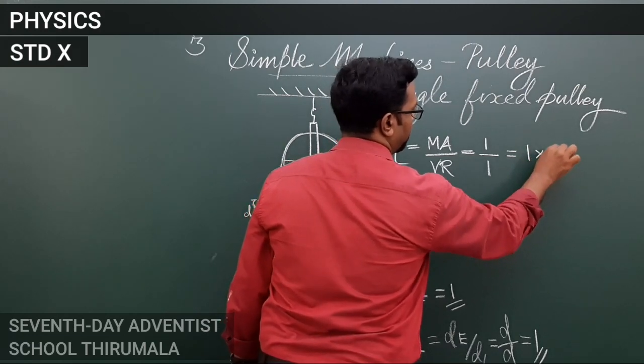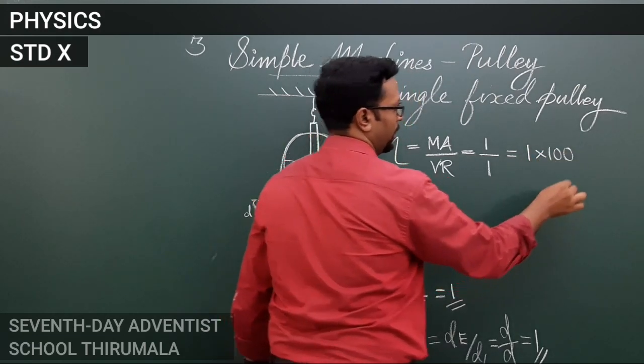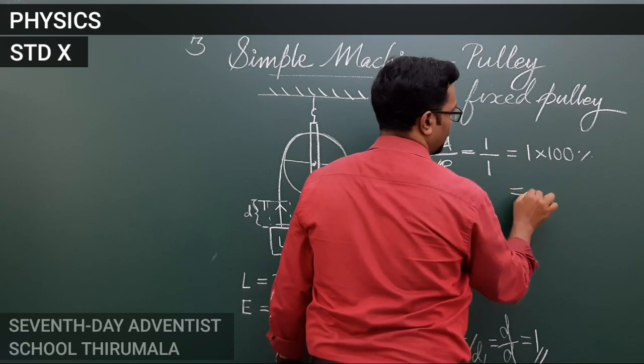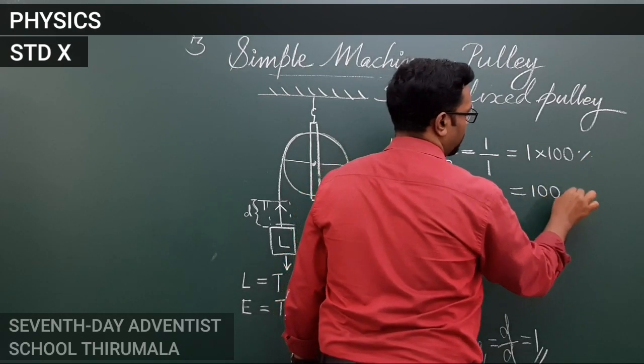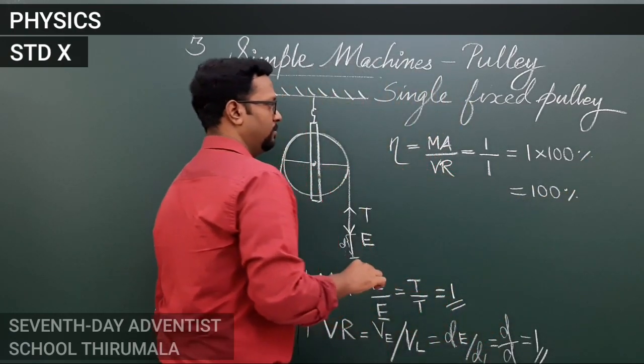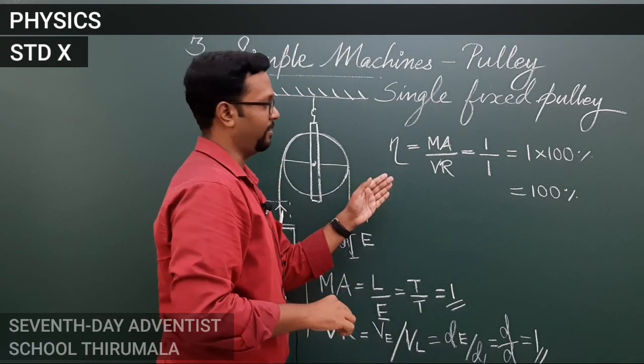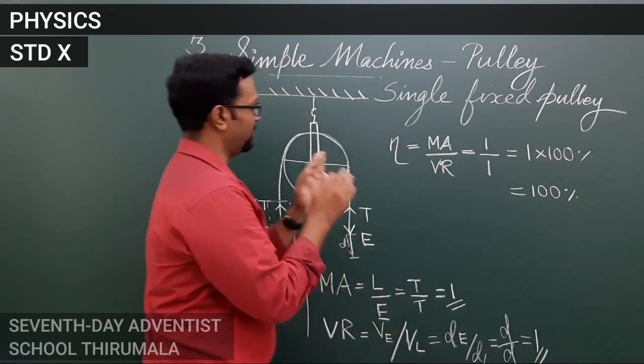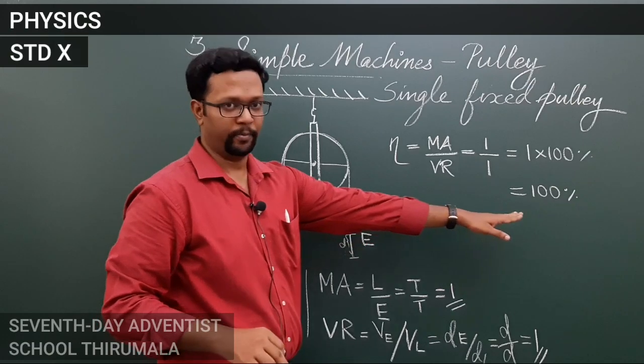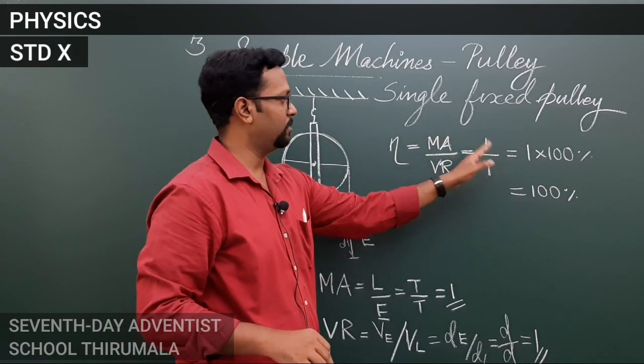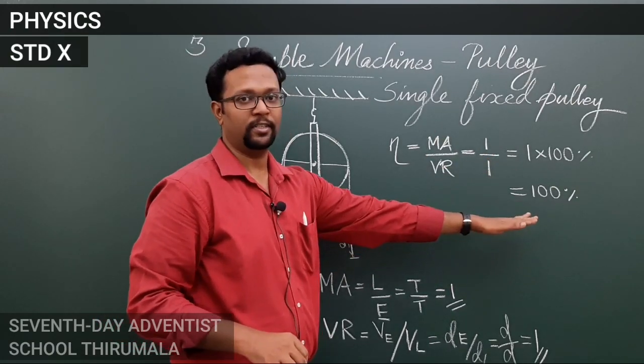When you multiply it by 100 to convert it into percentage, we get 100%. So what we see here is the efficiency of a single fixed pulley is 100%. Its mechanical advantage is 1, velocity ratio is 1, so its efficiency is 100%.